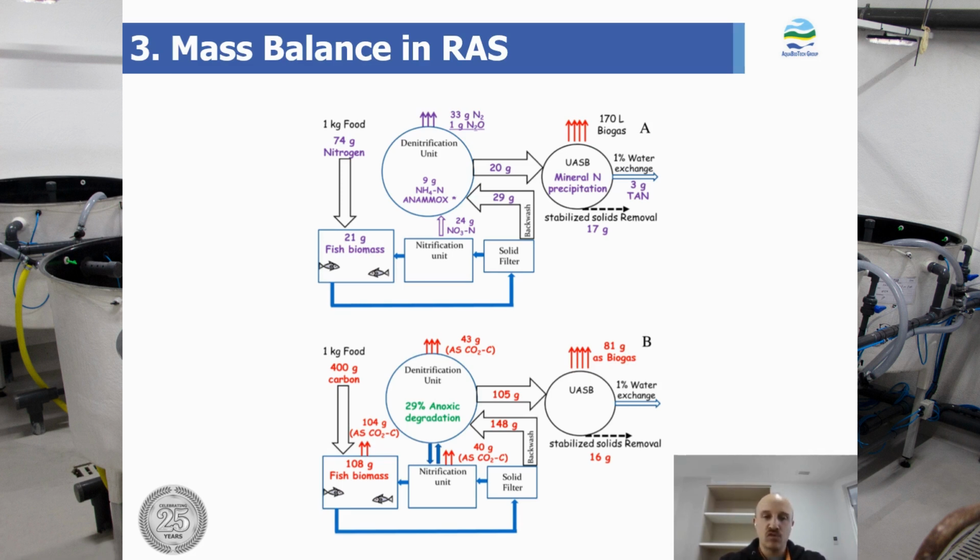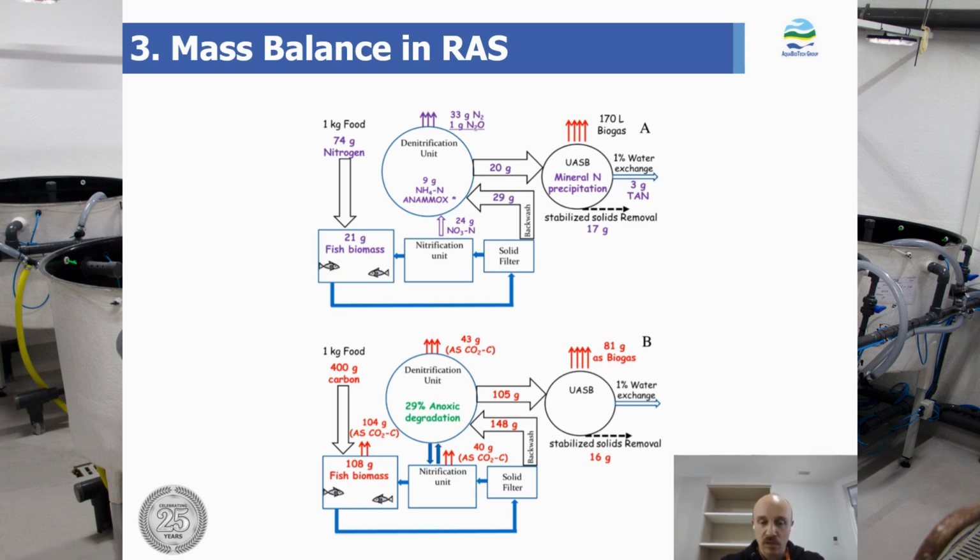Now, when it comes to metabolites, for example, we can trace carbon, nitrogen, phosphorus and other components from the input, which is mainly the feed of the fish, through the whole system, and also quantify the amount that is removed by our filtration system.